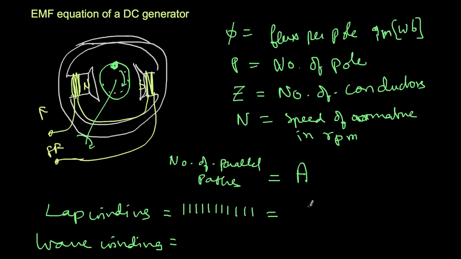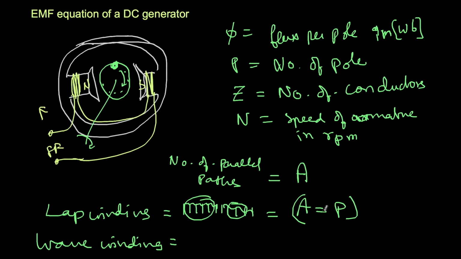The number of parallel paths will actually be equal to the number of poles. So if there are 100 conductors and 2 poles, 50 will be connected in series. So half will be connected in series, the remaining half will be connected in series, and this will be one path and this will be the other path, something like that. So basically, it's an allocation of armature conductors into different series parallel combinations.